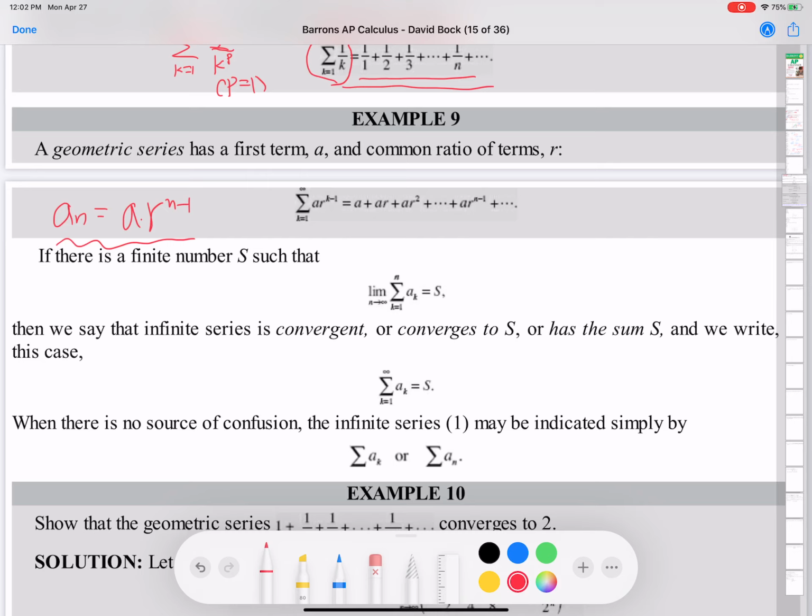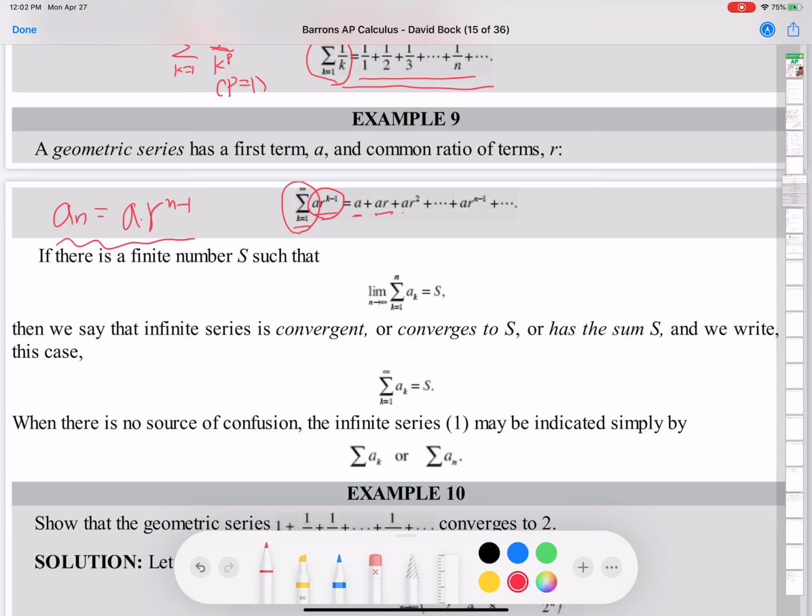A geometric series is a sum, and sigma means sum, right? The sum from k equals 1 to infinity of a times r to the k minus 1 power. This part is exactly the general term of a geometric sequence. That means if k is 1, a times r to the 0 power is just a. If k is 2, ar. If k is 3, ar squared, and we sum all of this forever.